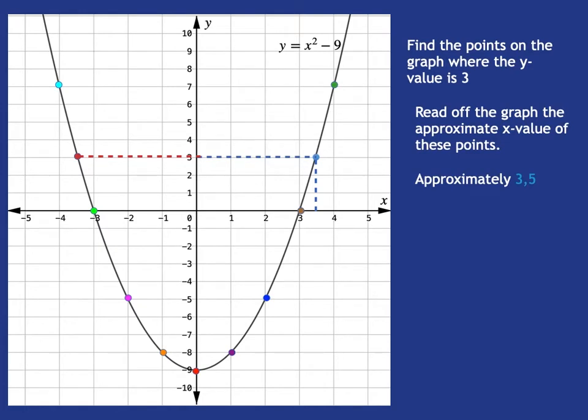We don't know it's exactly 3.5. It could be 3.6 or 3.4. We can't say for sure. And from the red, we can go down to the x-axis and see that the x value that goes along with that red point, where the y value is 3, is approximately negative 3.5.